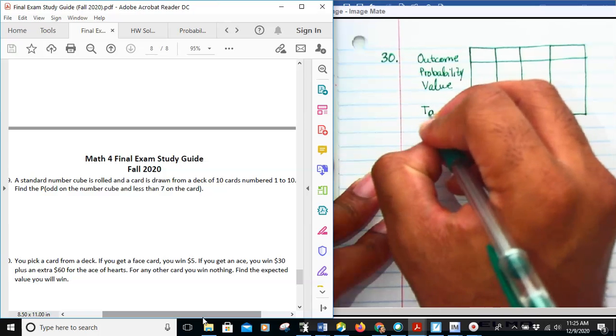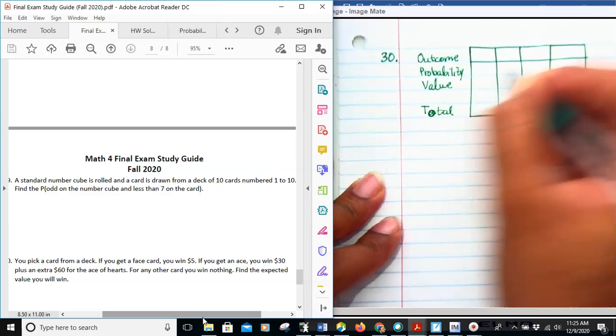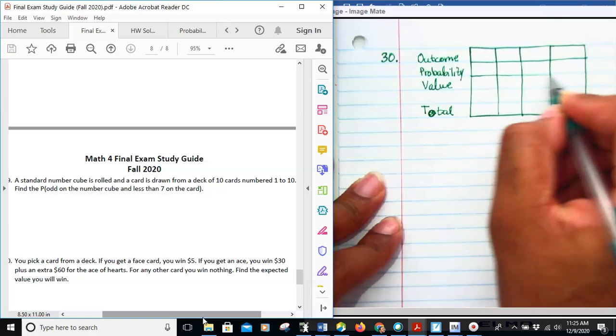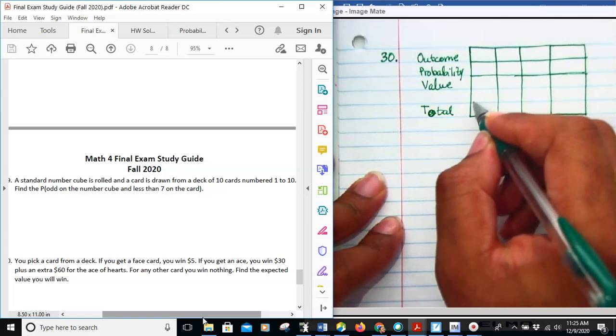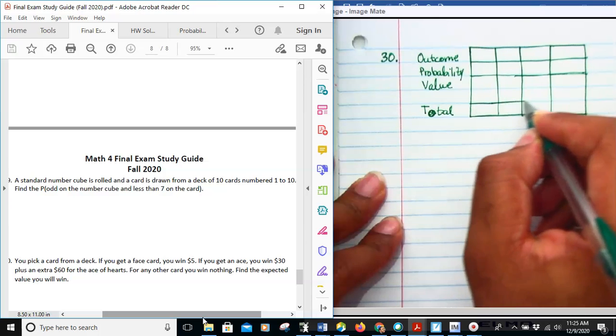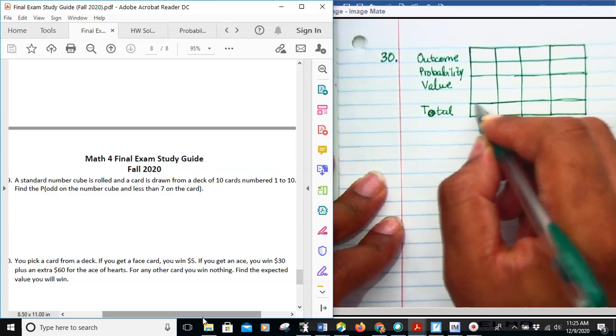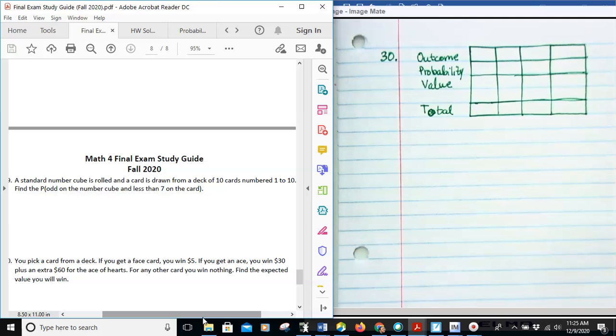I'm going to leave extra space for value because I need a little more room there. You can do it with 4 if you need to. I probably need extra space for the total too, but it's okay.